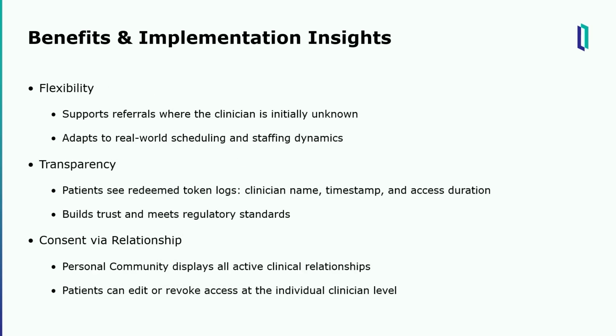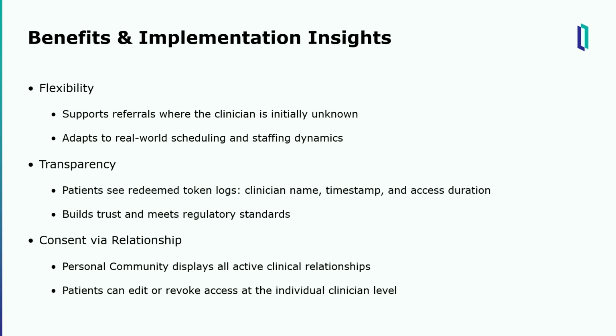And then there's some more. We have flexibility, for example, in this real-world scenario, like my example, where you don't know who your caretaker is when you book your appointment, only in the moment you enter the examination room. We have transparency. You can see whoever redeemed your token, and when it got redeemed. This is also needed for regulatory standards.